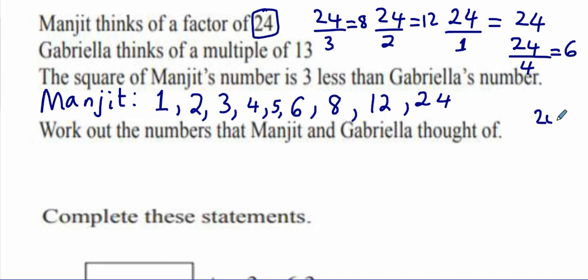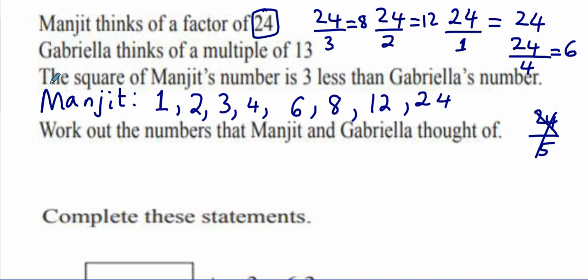Is 24 divisible by 5? The answer is no. So 5 is not a factor of 24. So these are the numbers that Manjit is thinking of: 1, 2, 3, 4, 6, 8, 12, and 24. These are the numbers of Manjit.